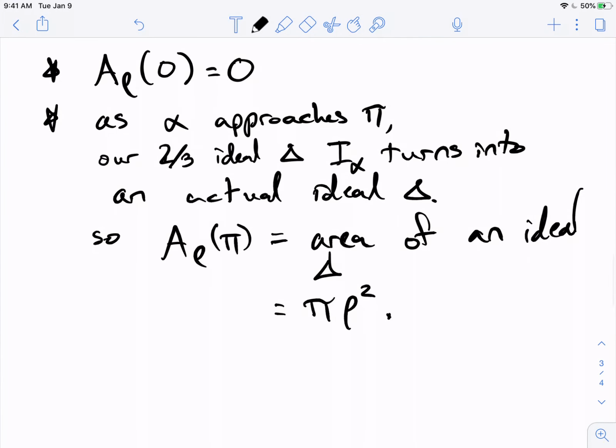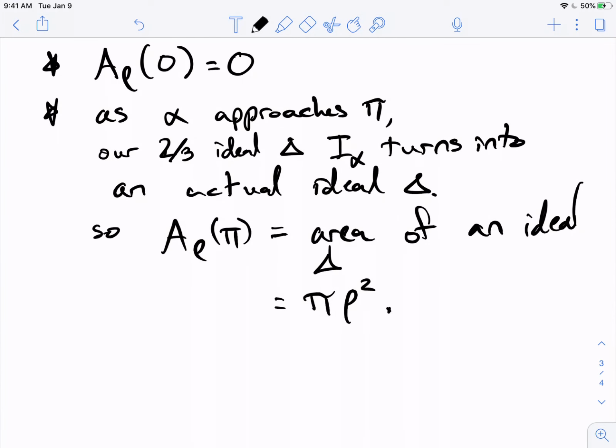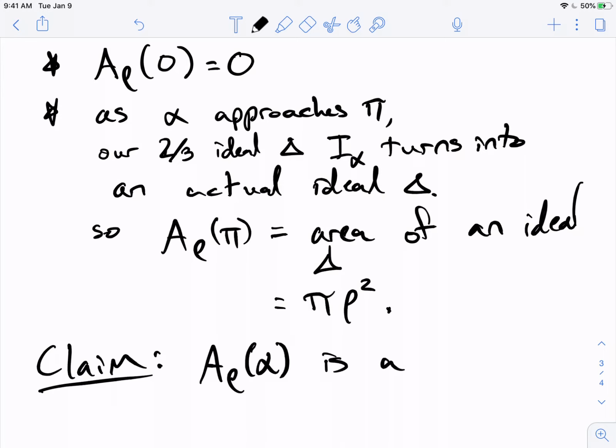And the way we're going to do that is kind of roundabout. We're going to prove the following claim. Basically that A rho of alpha is a linear function of alpha.